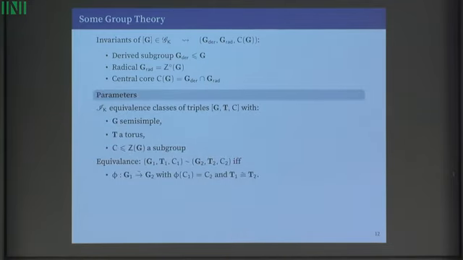Okay, so I want to now think about this. So let's just think of equivalence classes of triples. So a semi-simple group, a torus, and I'm going to take a subgroup of the center of my semi-simple group. And I'm going to put the equivalence relation on there that there should be an isomorphism between the semi-simple groups, and it maps one subgroup onto the other.